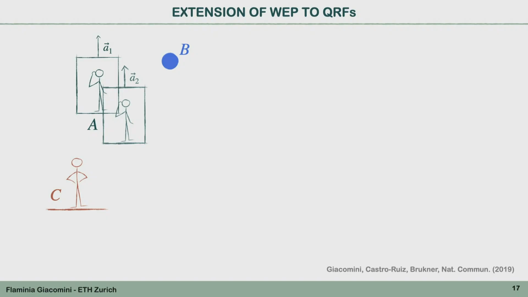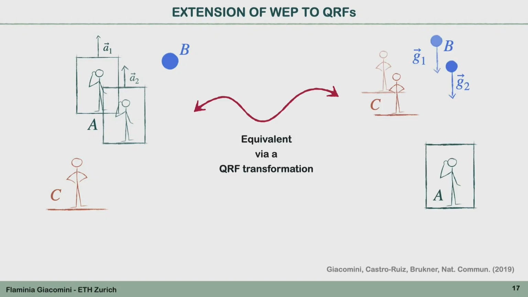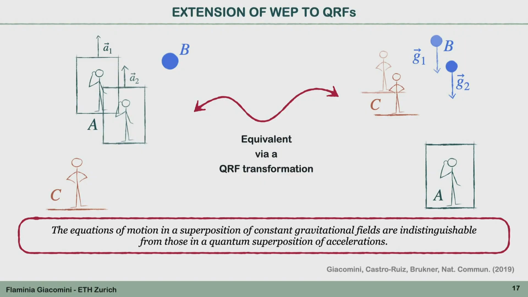If I take this transformation, then what I would expect, if the equivalence principle holds, is that A is in its own quantum reference frame, but C sees B as if it was in a quantum superposition of uniform gravitational fields. So this is the situation that I want to describe, basically that I want to achieve if there is a generalization.